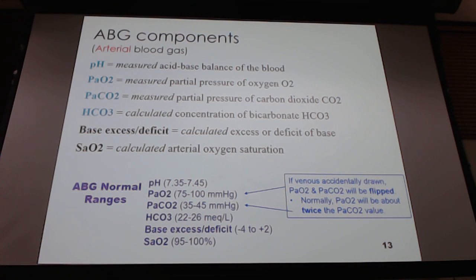Would the O2 be higher or lower than the CO2 in an arterial sample? Higher. So what if it's lower? If it's lower, you'll be like a stud, because you would assume that when you got arterial blood, it would be nice and bright and red, and it would just shoot out into that vial, and vice versa.